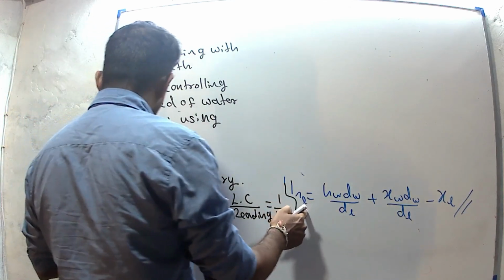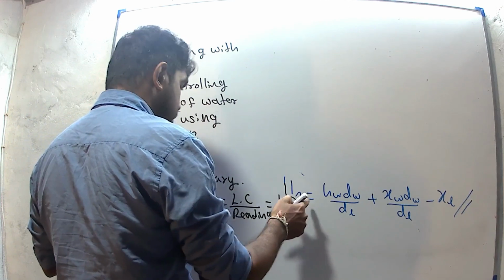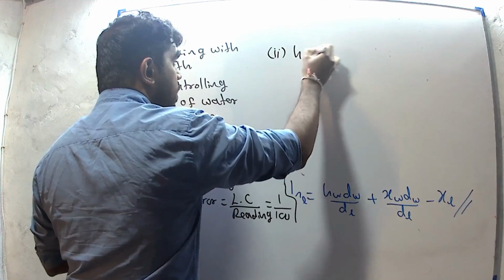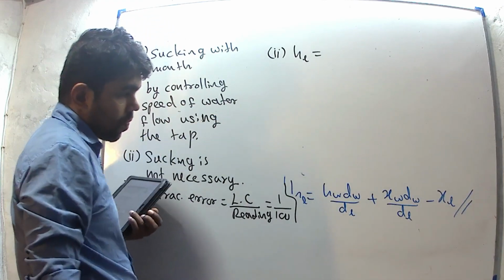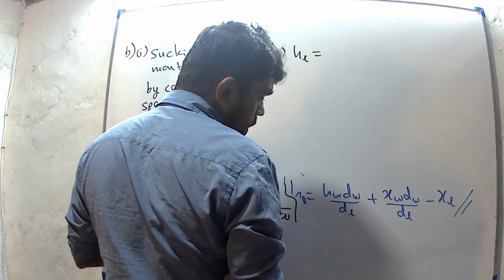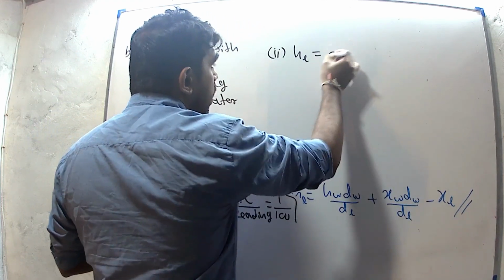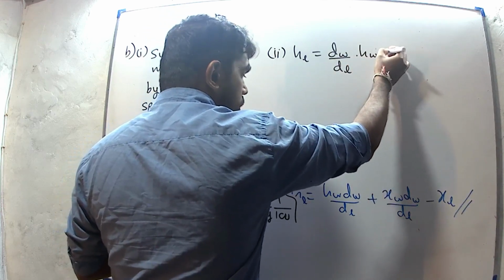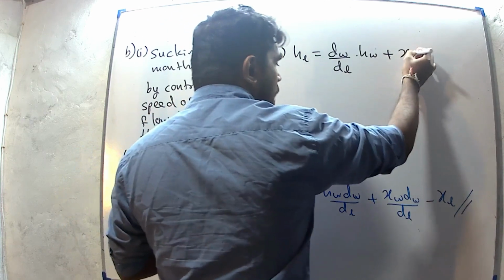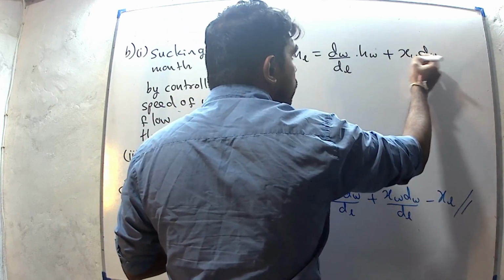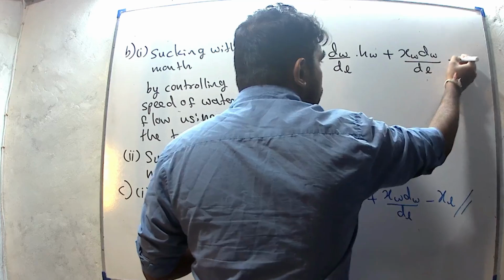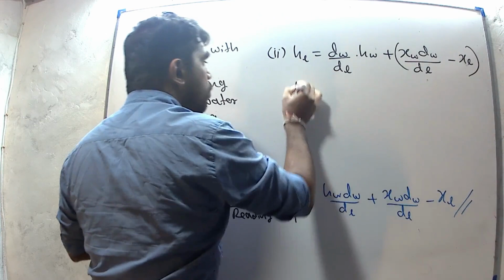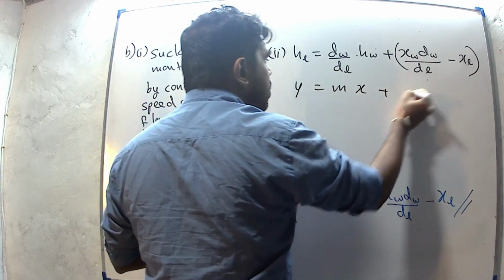Making HL the subject, HL equals dW over dL into HW plus XW dW divided by dL minus XL. It is in the form y equals mx plus c.